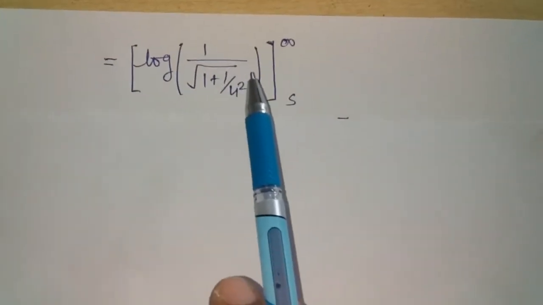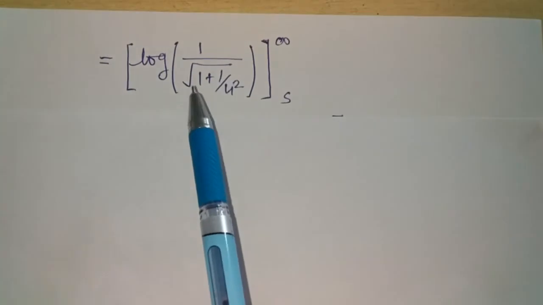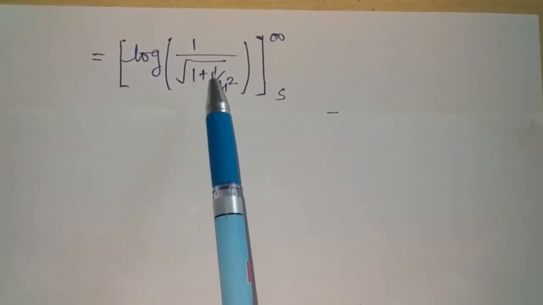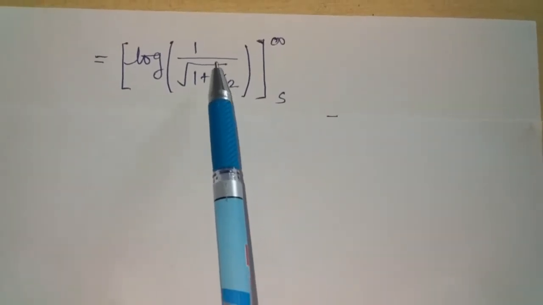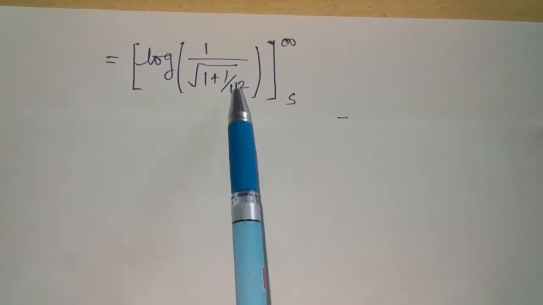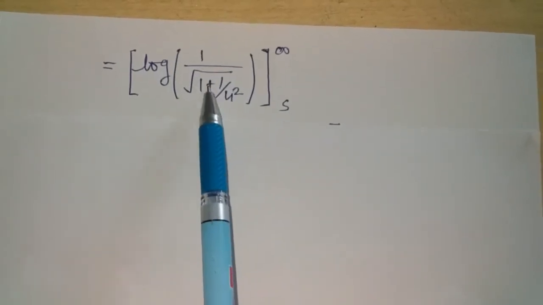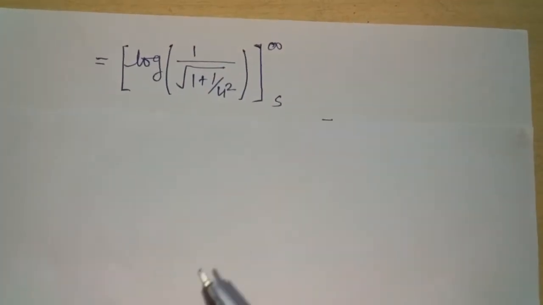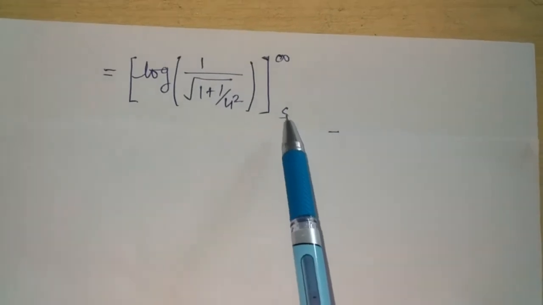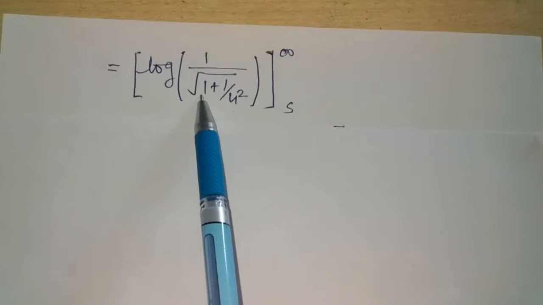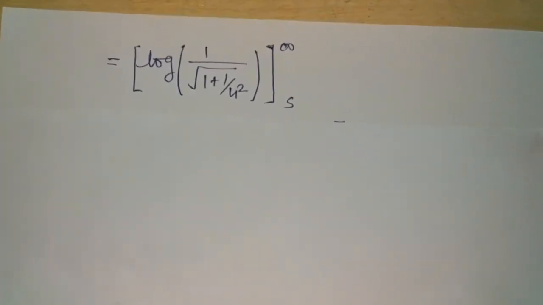Now put upper limit infinity, we get 1 upon 1 plus 1 upon infinity. So 1 upon infinity is 0, 0 plus 1 is 1, and square root of 1 is 1, 1 by 1 is 1. So upper limit gives log 1, and the lower limit u equal to s gives log of 1 upon square root of 1 plus 1 upon s square.